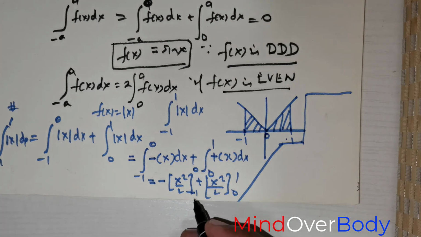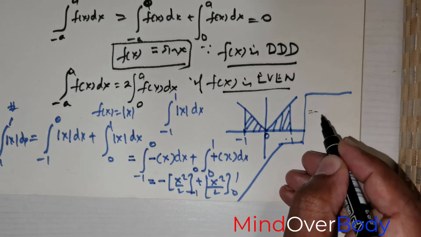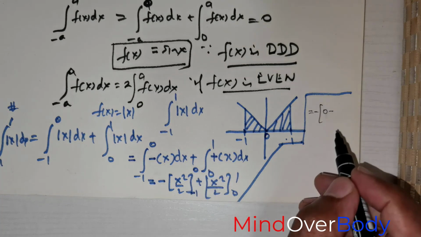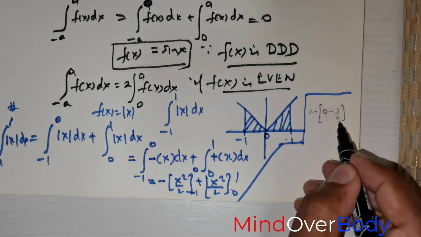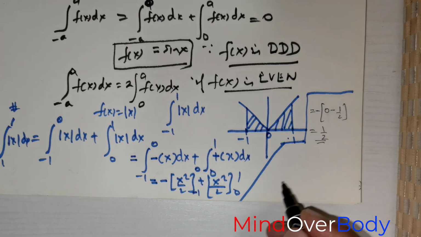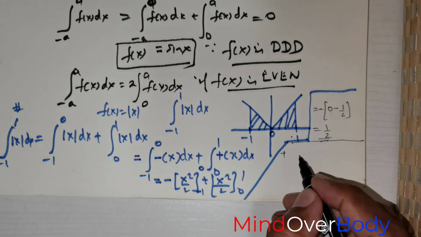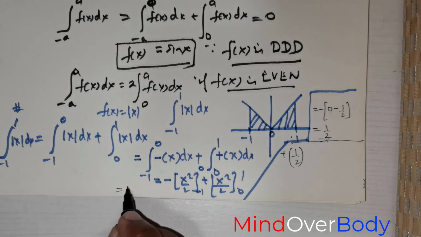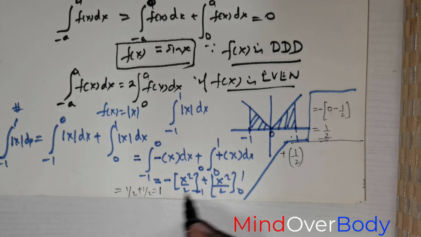Placing the upper limit here, that's going to be 0, followed by a negative sign, and lower limit is negative 1, that's going to be 1 over 2. So the outcome is going to be 1 over 2 for this case, right? Now let me consider this one. This is going to give me 1 over 2, right? So 1 over 2 added with 1 over 2 will give me 1 unit, right?